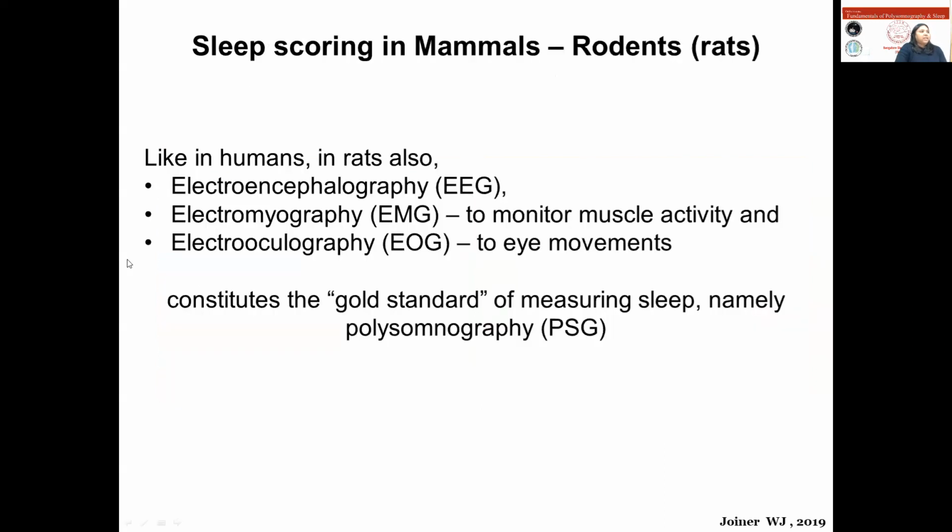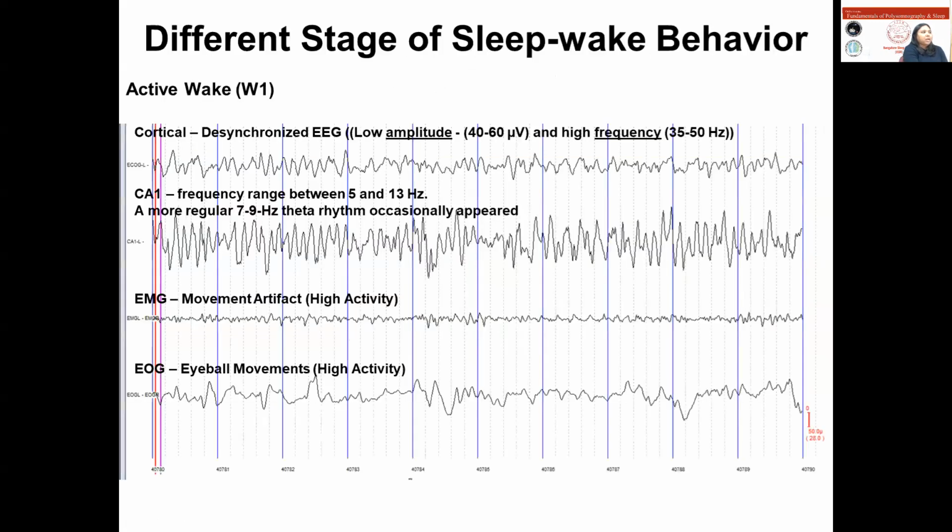As mentioned earlier, in rodents also, we use EEG, EMG, and EOG electrodes to record polysomnography. So what do the different stages look like in animals? It is divided into wake, non-rapid eye movement stage, and rapid eye movement stage.